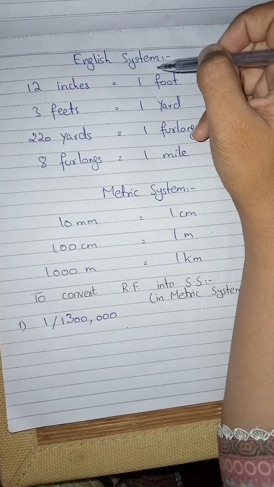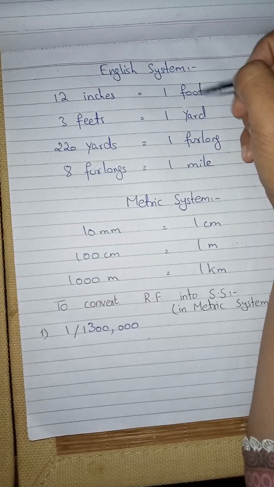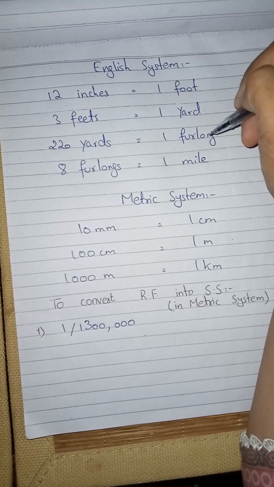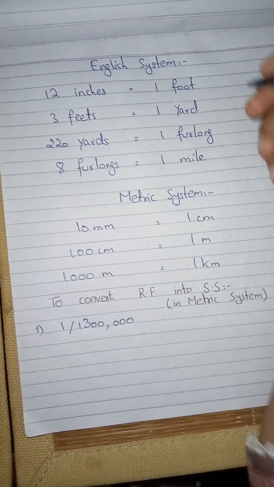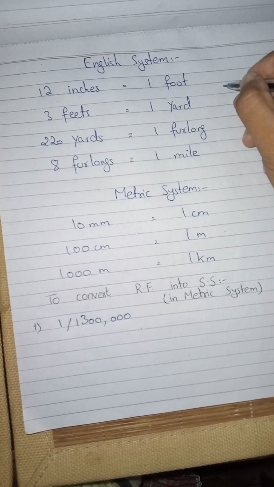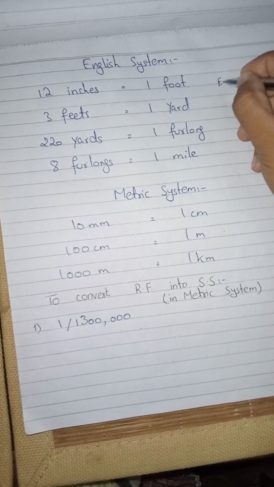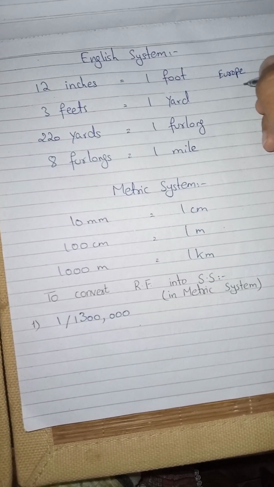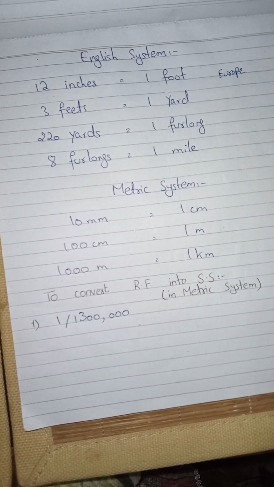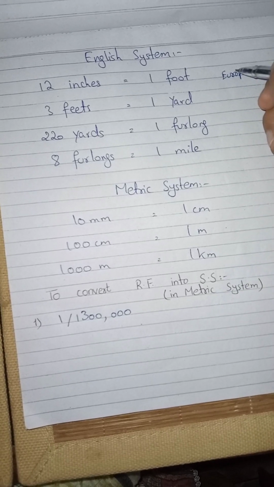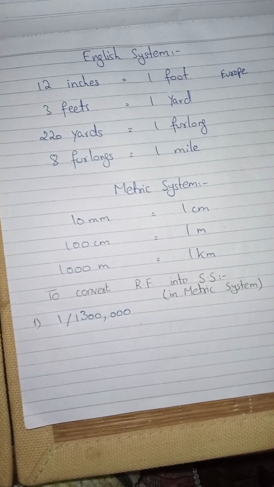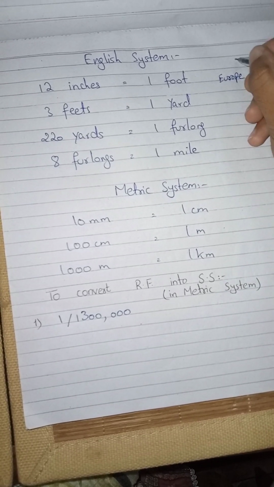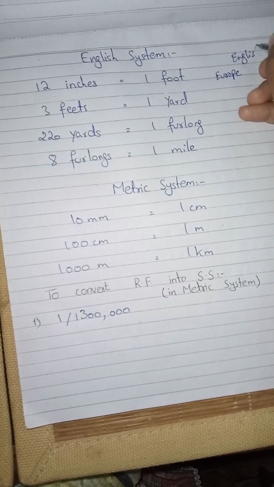The English system uses common units which are the most common in other countries, like in Europe and America. So you can remember that if you are making maps related to European countries or other Western countries, they are basically related to English.